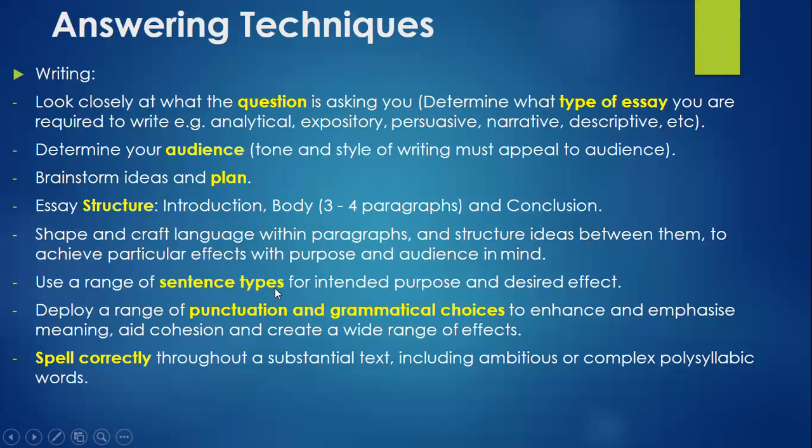As mentioned earlier, remember we have seen writer's effect. When the writer uses short sentences consecutively, it is to create a dramatic effect or to create a sense of urgency or suspense. So that is an example of using different types of sentences for an intended purpose or desired effect.